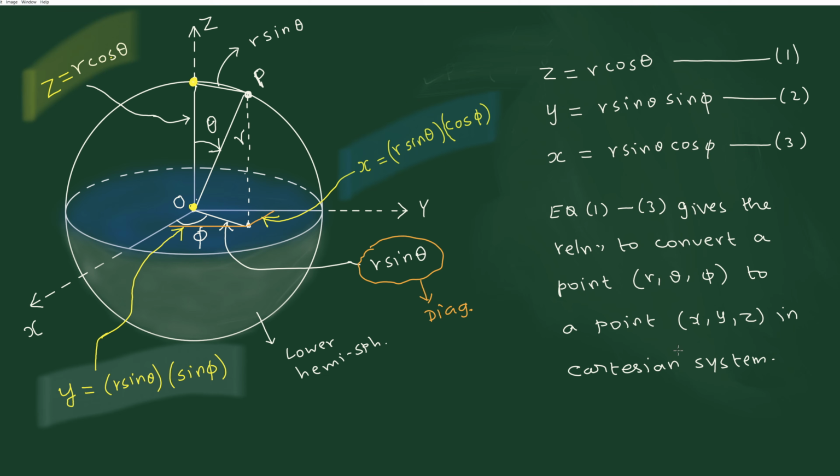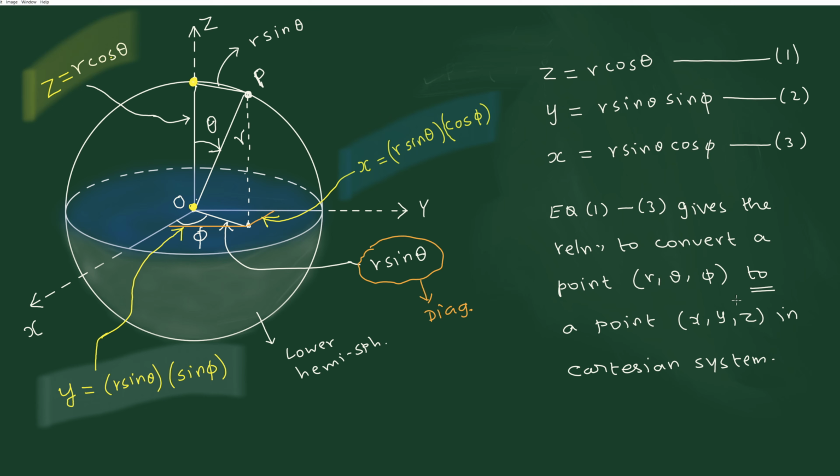I have written the conclusion that after doing this exercise, we have three equations, and these three equations give the relation to convert a point in the spherical polar system. Let me explain once again. To convert a point, I didn't write from, but I have written to.